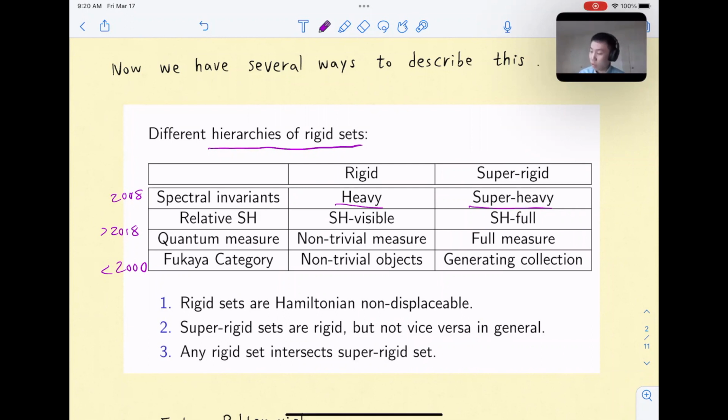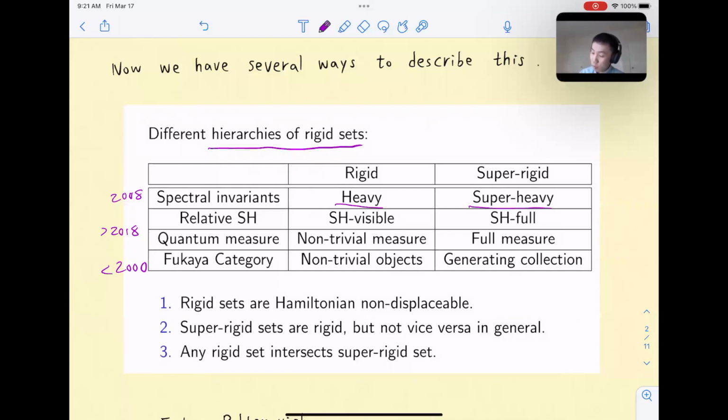So we have those four different theories, not very different, but they share some common good features. The first one: rigid sets are Hamiltonian non-displaceable, so we call them rigid, and we have some other sets called superrigid. Superrigid sets are rigid, but in general not vice versa; not every rigid object is superrigid.